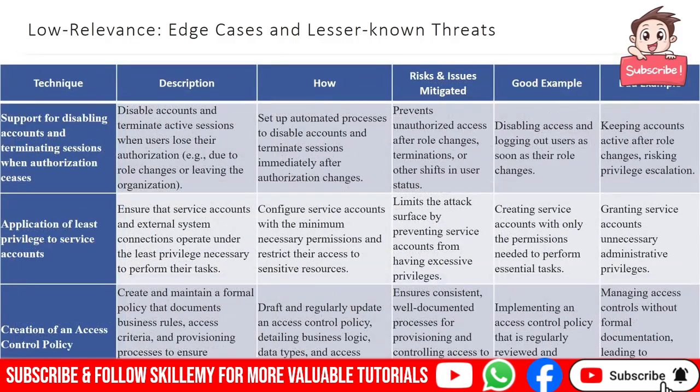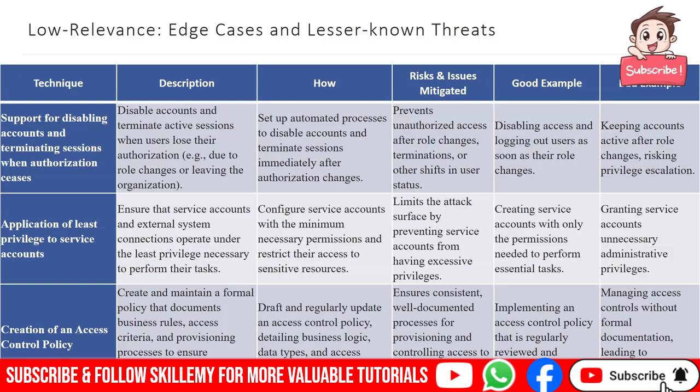Another crucial practice is the disabling of accounts and termination of sessions when authorization ceases. When a user's role changes, such as when an employee is demoted, changes departments, or leaves the organization, their access should be immediately adjusted. This means disabling their account or reducing their permissions and terminating any active sessions they have.